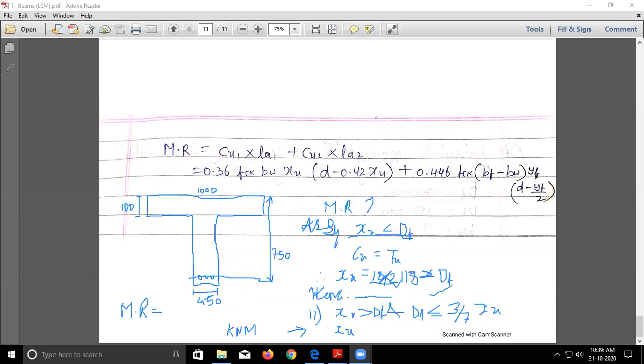Yes, what about others? Others are also getting 111. Okay, fine. So what does this imply now again?